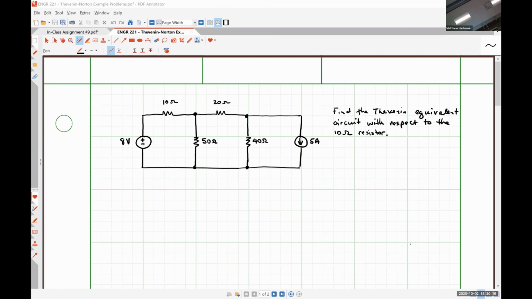So with the 10 ohm resistor removed, the circuit that we are looking at is this guy.